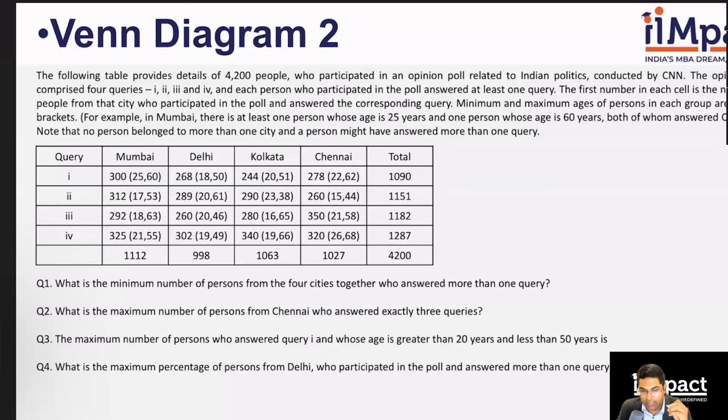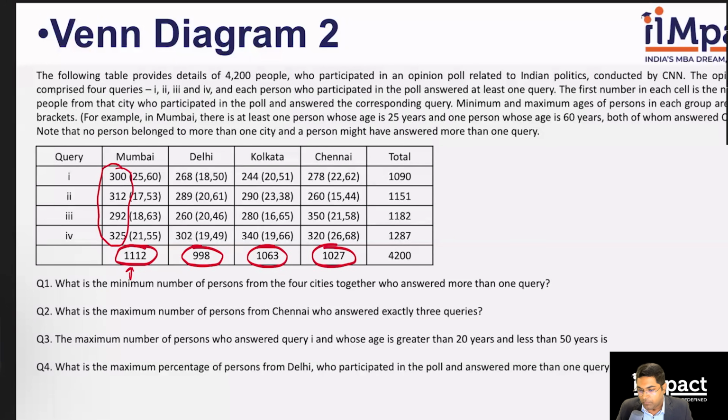See, what we have established as a fact is that all these people have answered at least one query. Everybody agrees with that? That is known to us. So if I add these numbers, I am decently sure the number will be greater than 1112.